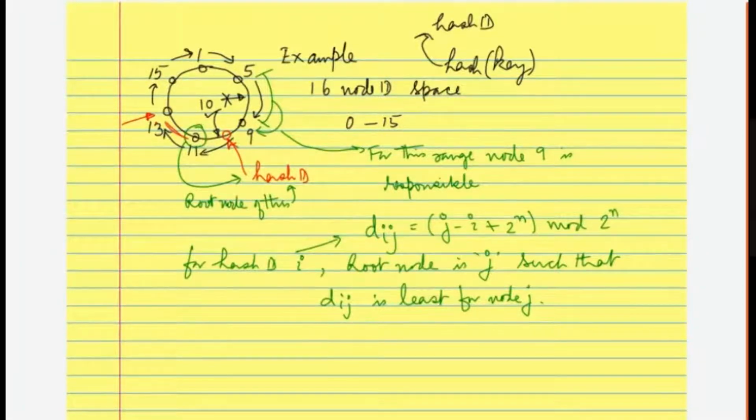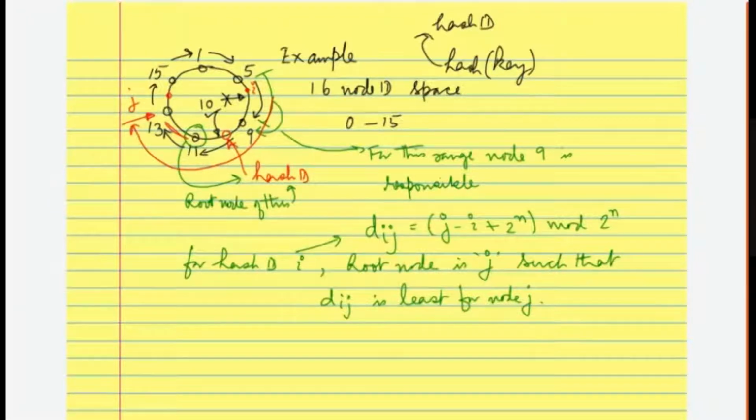We can take this and define it in a mathematical form, as a distance metric. This we had also discussed in one of our earlier lectures. Take a point I and a point J, and if you want to find the distance, it has to be taken in this fashion.